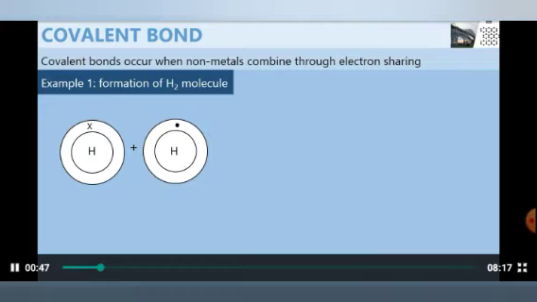Now when two hydrogen atoms combine with each other, they do not really transfer the electron from one atom to another. But still, they could share the electrons in order to obtain the stable configuration as follows.